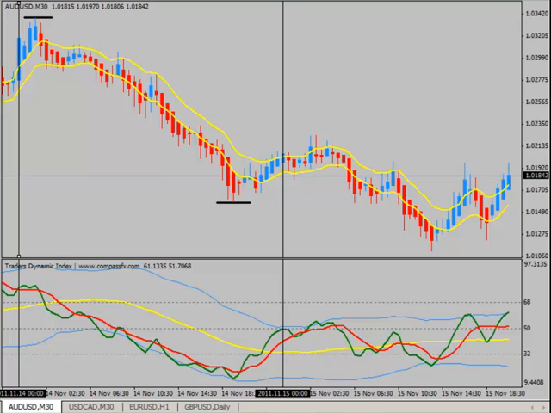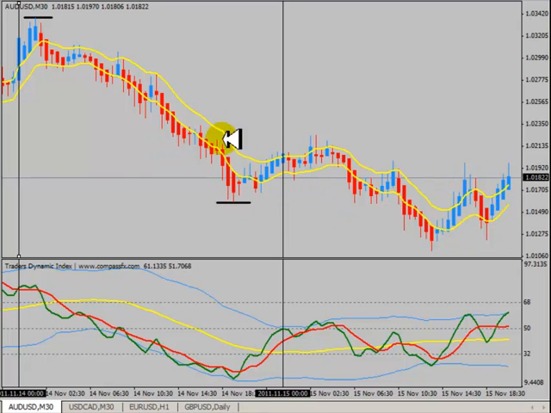Now take a look at the Aussie dollar on a 30-minute chart here. You can see that we have yesterday in these black lines. So this is November the 14th, the whole day, and I've simply laid out the high of the day and the low of the day. And we see what the market's done today.